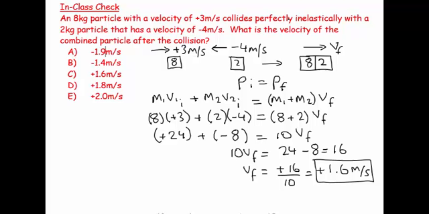Which again reinforces the idea that it's an inelastic collision and these two stick together. But I could just as easily tell you that it is a perfectly inelastic collision, but then ask you what's the velocity of the 8 kilogram particle. And it's the same as the combined system, so it would again be plus 1.6 meters per second.